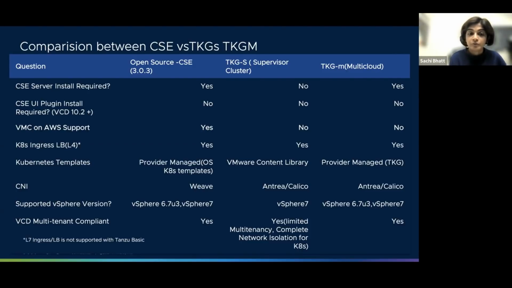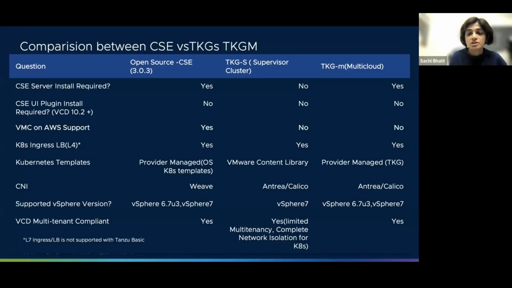And for CSE and TKGM, we can start right from vSphere 7 U3. And multi-tenancy, if we look at it, CSE uses all the components that are local to the customer's organization, which is the same as TKGM.